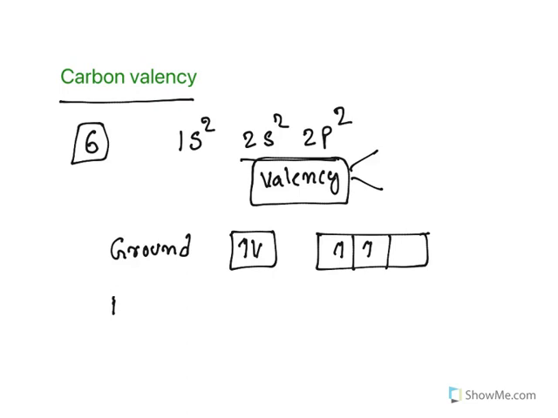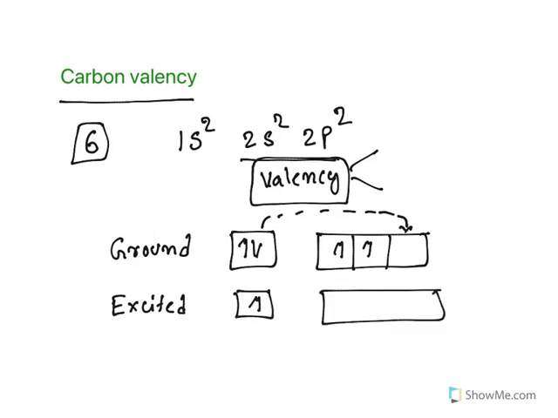Now, when carbon is in excited state, the paired electron goes to the empty orbital and you have this kind of electronic arrangement. So you can see in the valency shell you have 4 unpaired electrons.